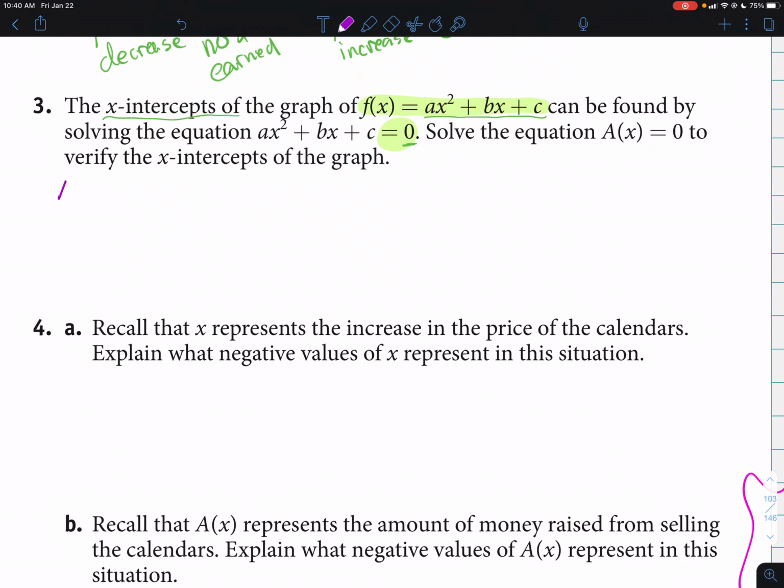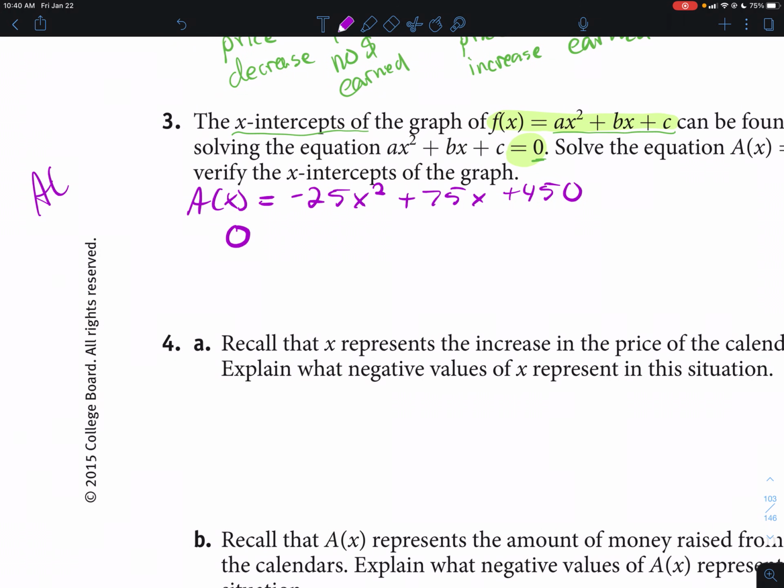So if you recall from yesterday, our function was -25x squared plus 75x plus 450. Okay? And if we want to find the x-intercepts, we're going to change our f of x to 0, because if you recall, function notation can be written like this. f of x is y.